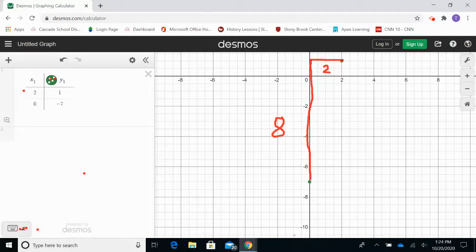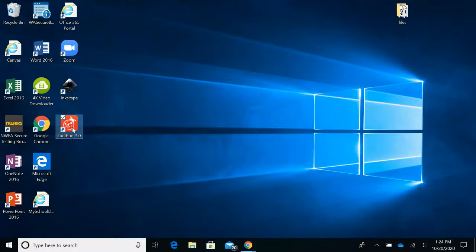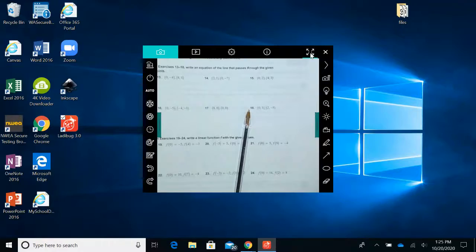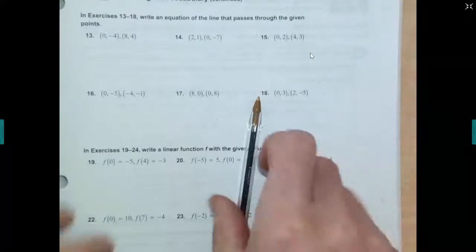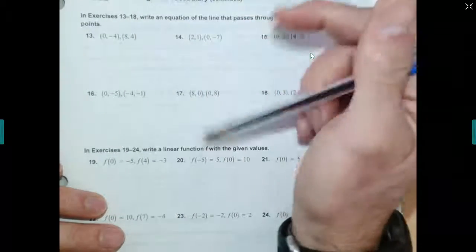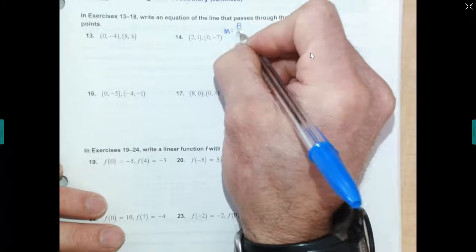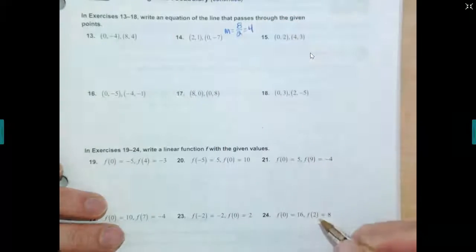So 8 up and 2 over. So for this one, we have a slope of a positive 8 over 2. So we have a slope of 4.